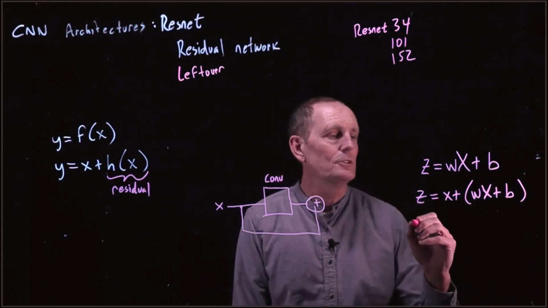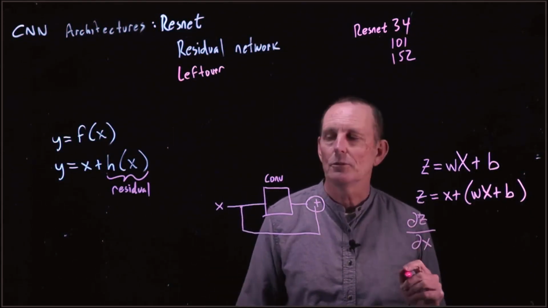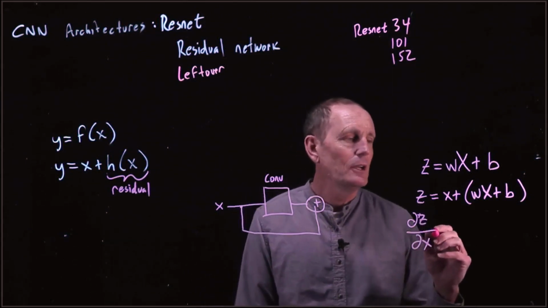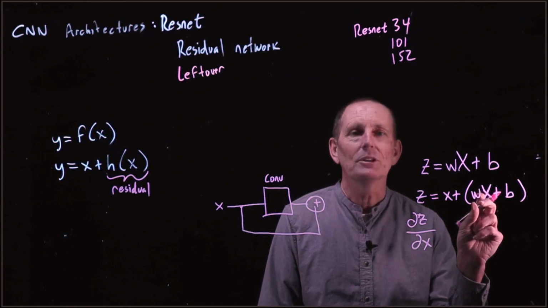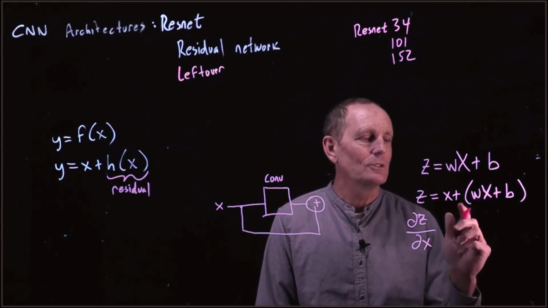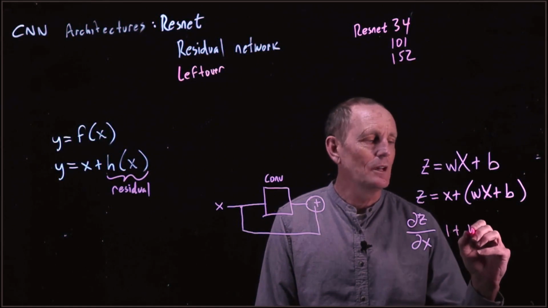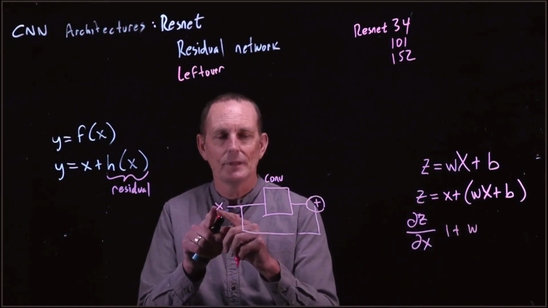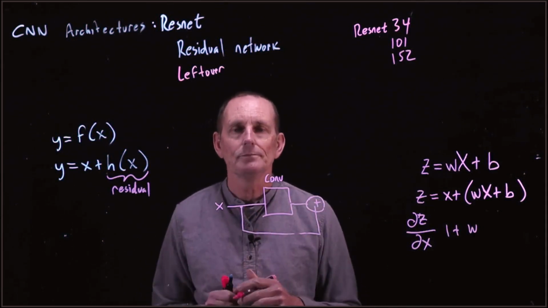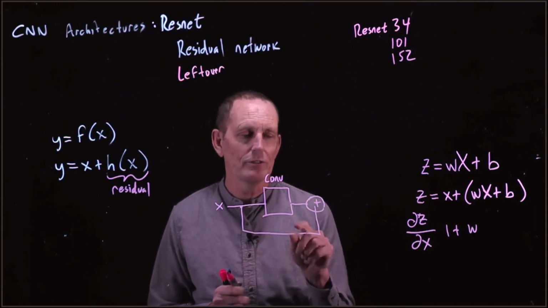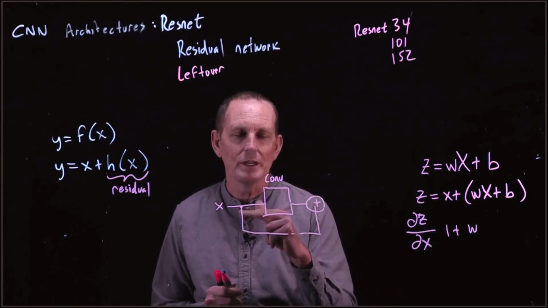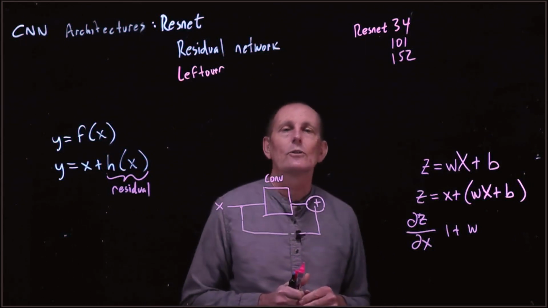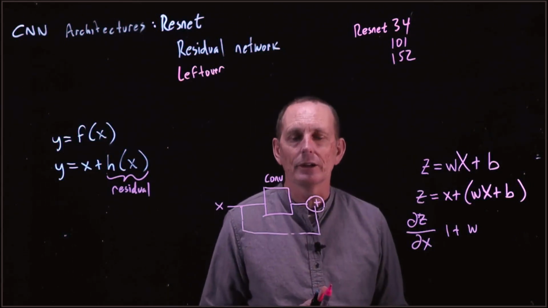And so when we look at the derivative of z with respect to whatever our input is, let's just say x is the output of the previous layer, it's no longer going to be w. It's going to instead be 1 plus w, roughly, reflecting the fact that we get a 1 here and then a w going through the convolution. So two different paths, so we add them together. One path is the 1 here, one path is the w here. So that is how we are going to do our layer here.